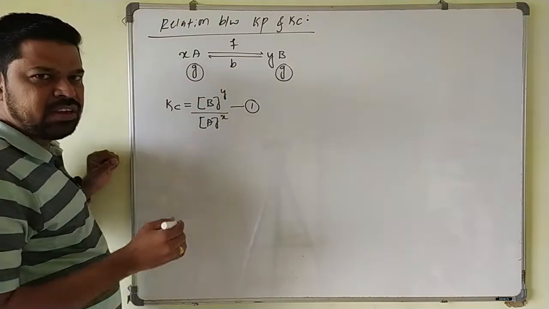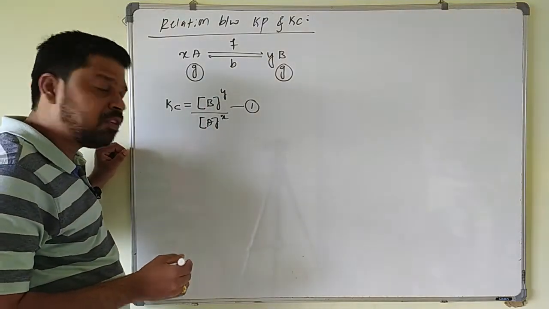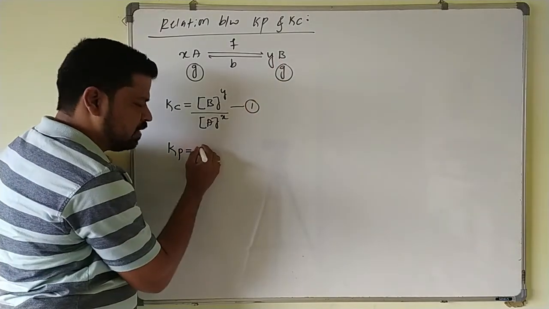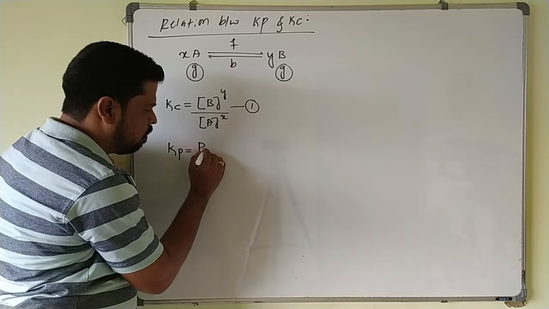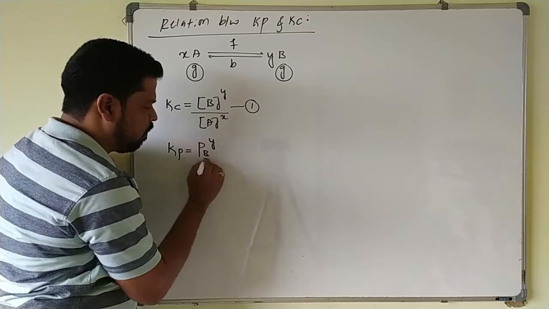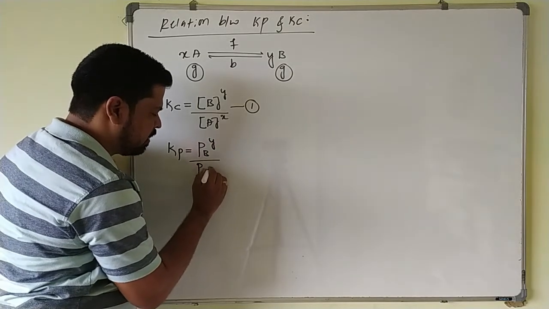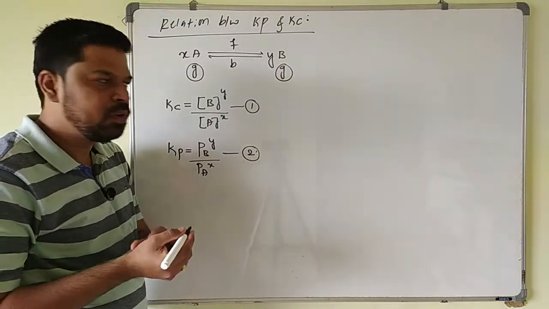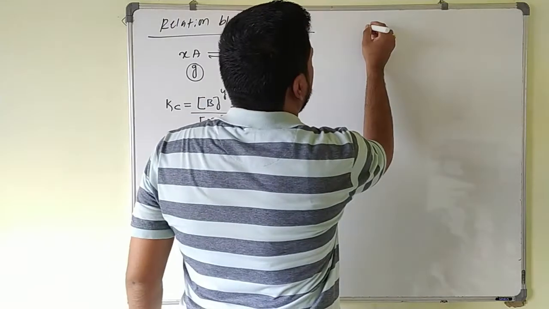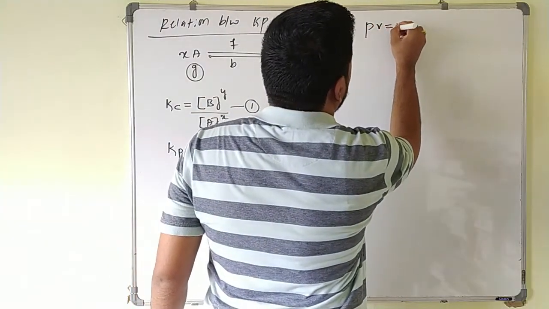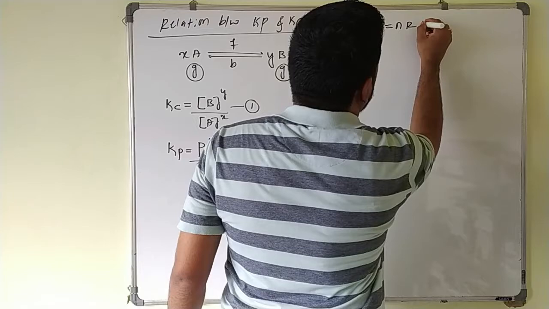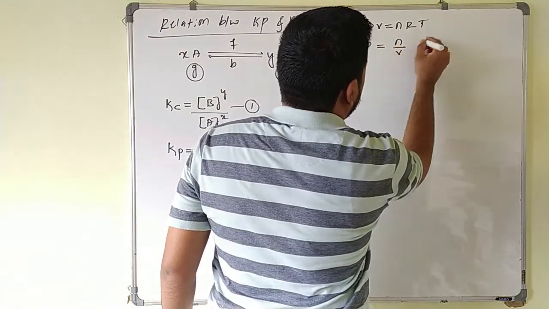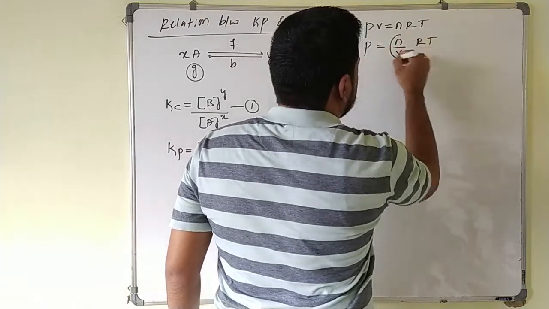For the same reaction you can write the equilibrium constant in terms of pressure. Kp will be equal to partial pressure of B power y divided by partial pressure of A power x. This is equation number 2. From the ideal gas equation, we know that PV equals nRT, so P equals n by V into RT.